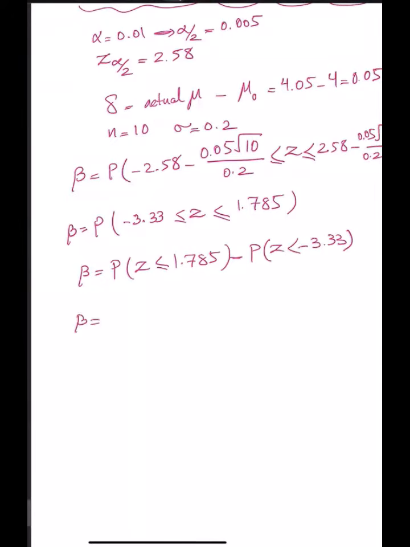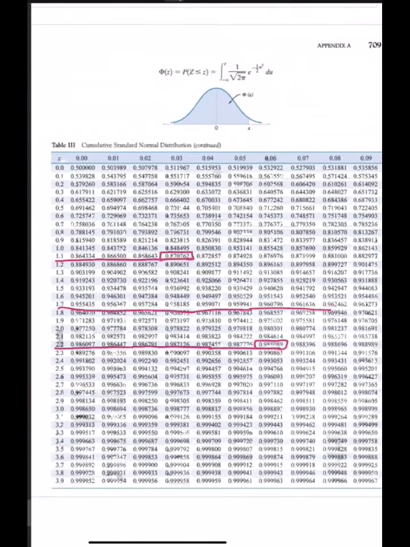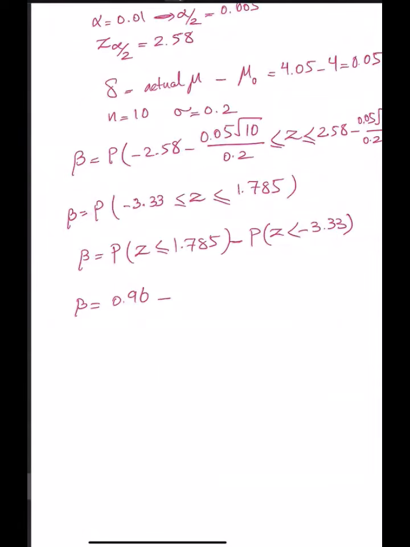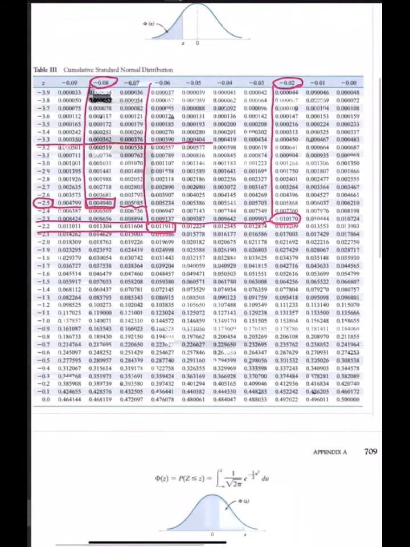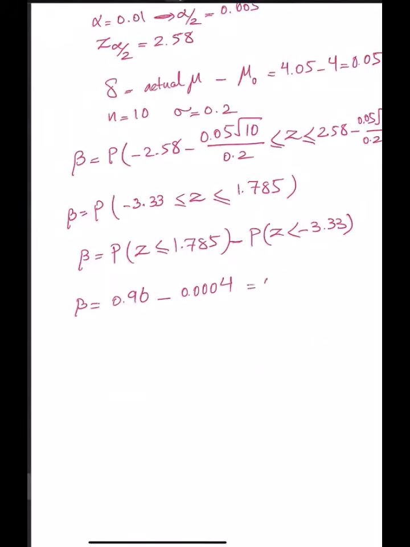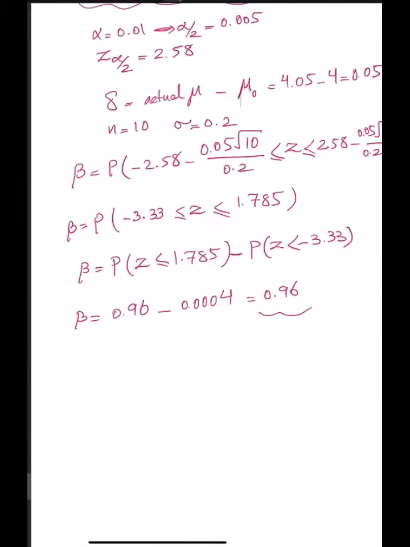And from the Z table, the first probability, so Z less than 1.78, is here, that's 0.96, minus the probability of Z less than minus 3.33, which is going to be this number, almost 0.0004. So that's about the same, 96%. So that's going to be the probability of type 2 error.